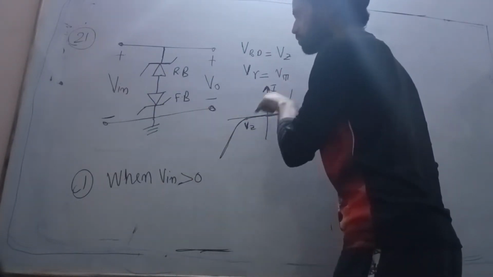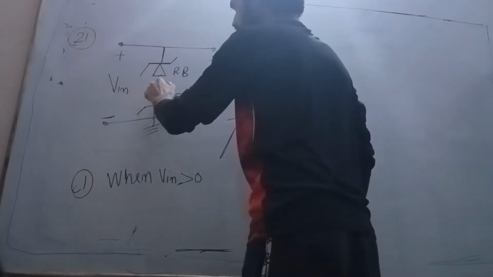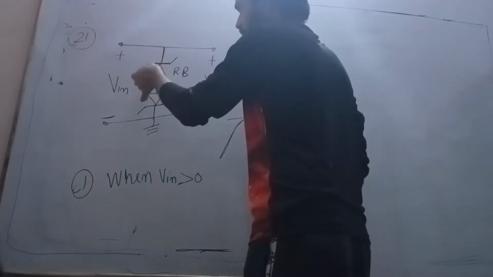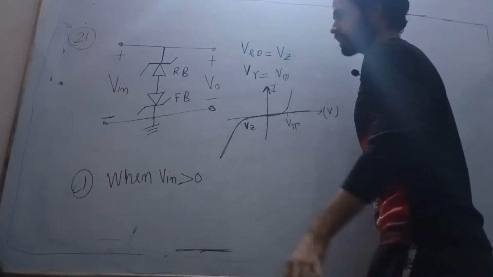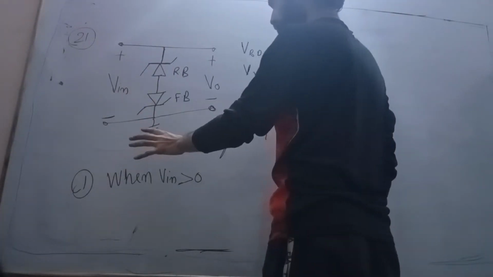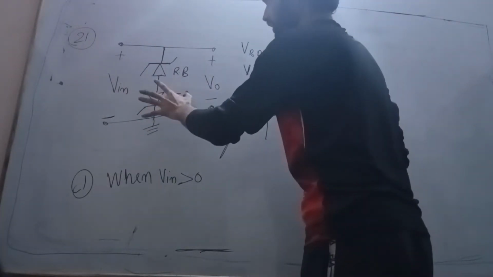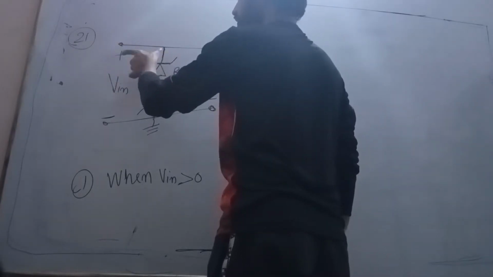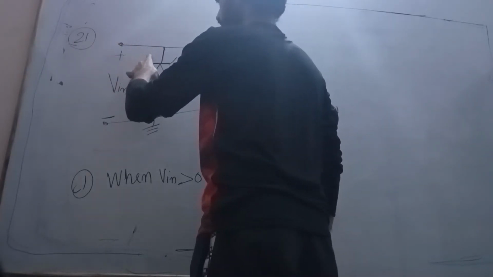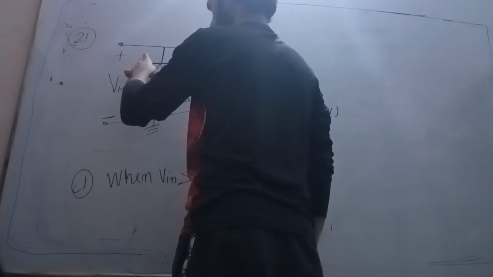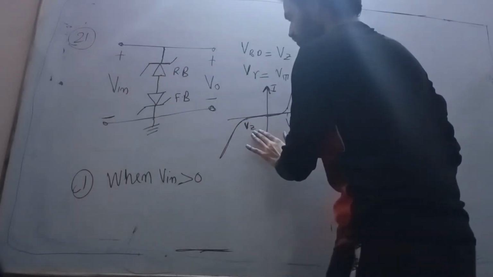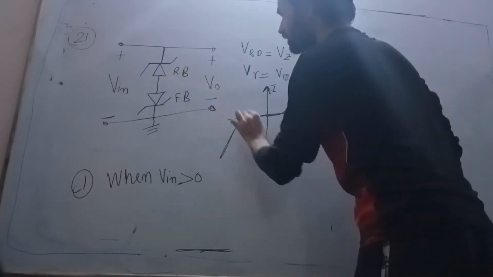Now we will see when it will go in breakdown region. It is positive, it is negative, opposite sign, and it is in the reverse bias condition. So now when it will exceed this voltage, then it will go in breakdown region.